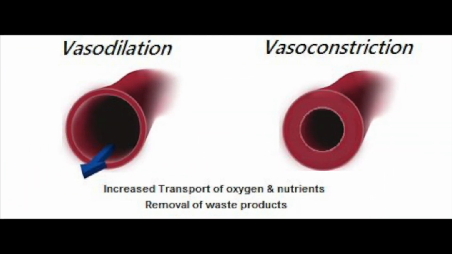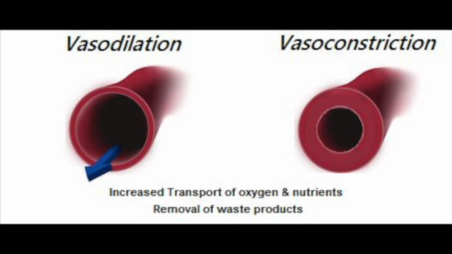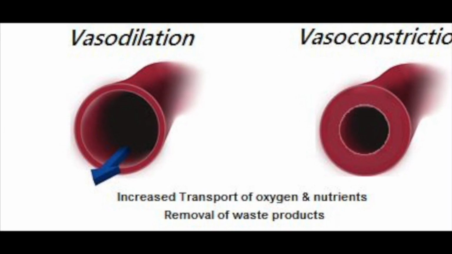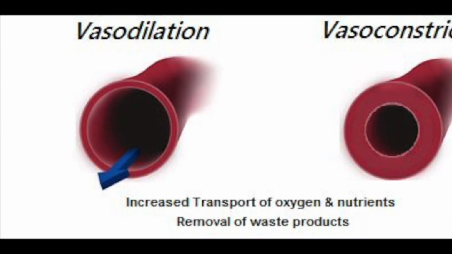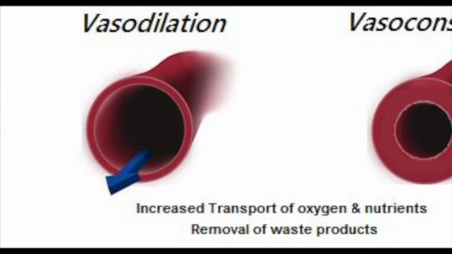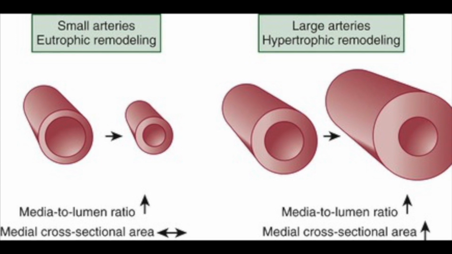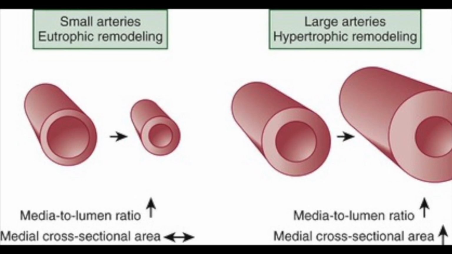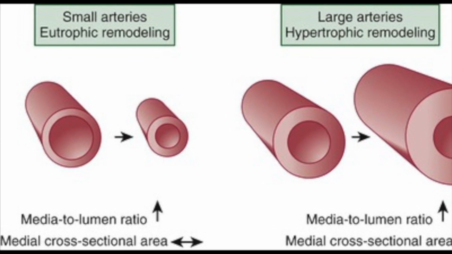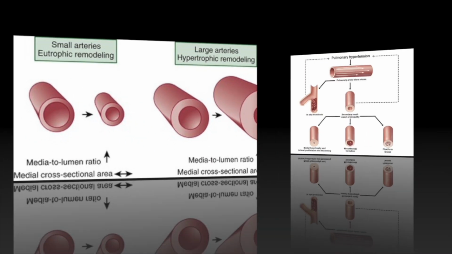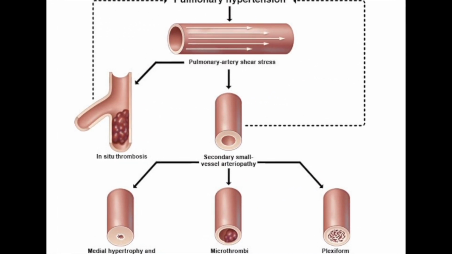There are four mechanisms involved in PAH. First is vascular constriction. It's when the contraction of the muscular wall leads to narrowing of the blood vessel. Second is vascular remodeling. It is an active process of structural alteration. Third is in situ thrombosis.